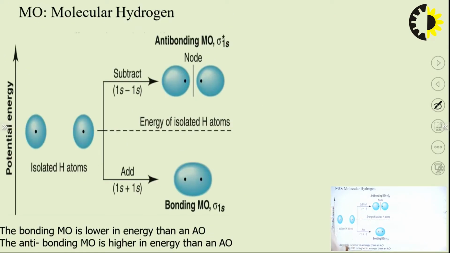So this is the representation of this. Suppose I am taking the example of hydrogen. These two hydrogen atoms get combined with each other.